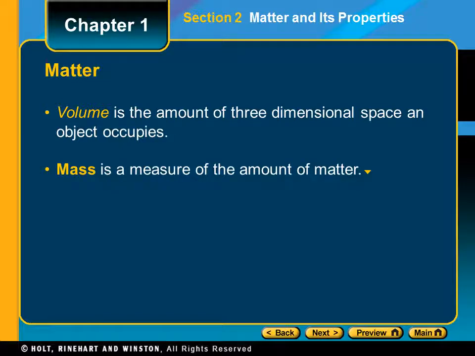Mass is a measure of the amount of matter that makes that thing up. Students very, very frequently get mass and weight confused because they think, well, if I take this substance and put it on this scale and figure out how much is there, and there's 3.2 grams, that's its weight, because we associate scales with weighing ourselves.